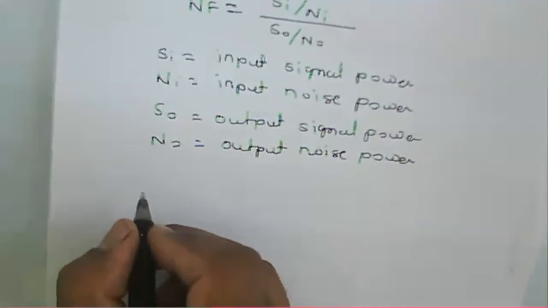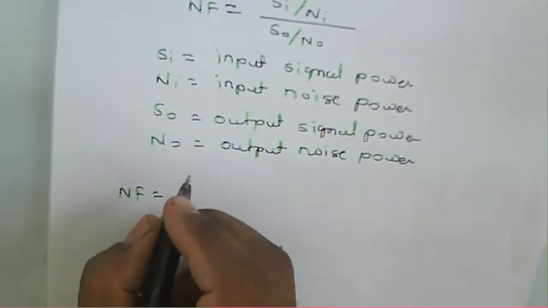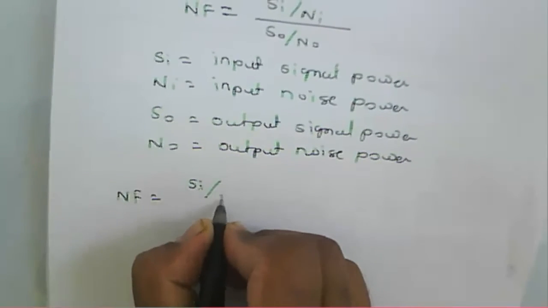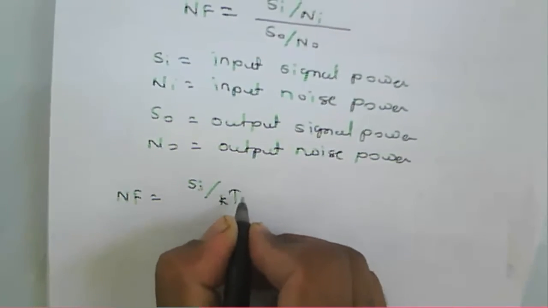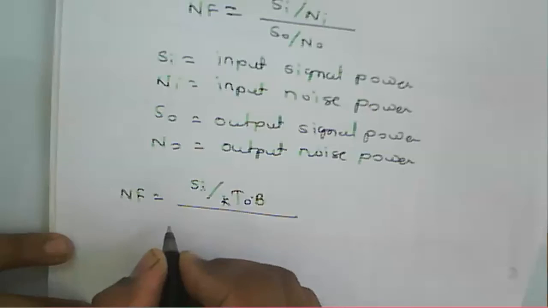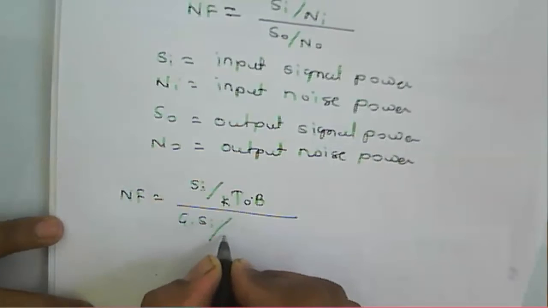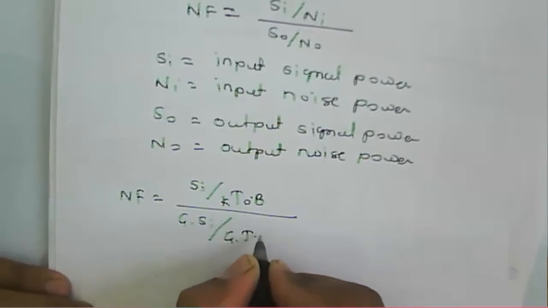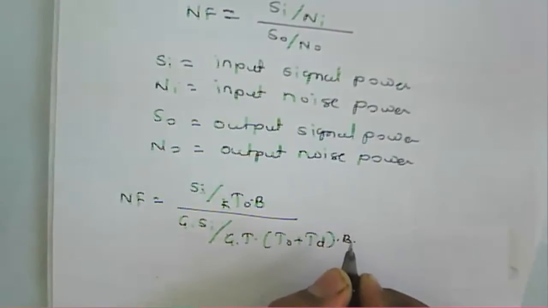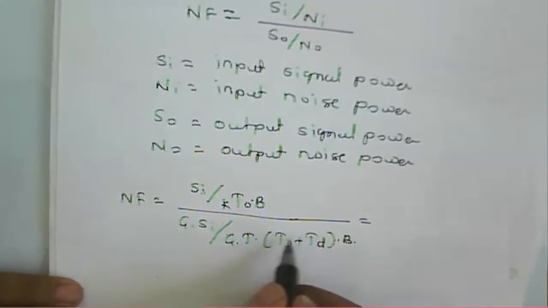So if you write it in terms of noise temperature, then the noise figure will be equal to what? The input signal and noise at the input, divided by the gain of whatever input signal we have, then K, we have T0 plus Td, into V. Now that is about the output signal here.